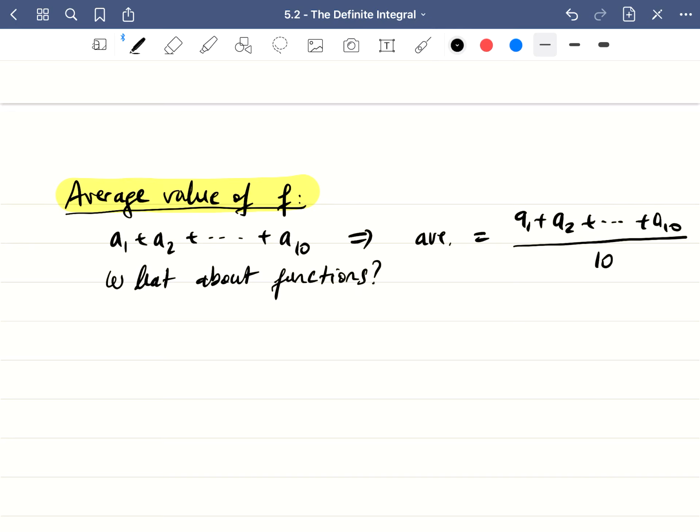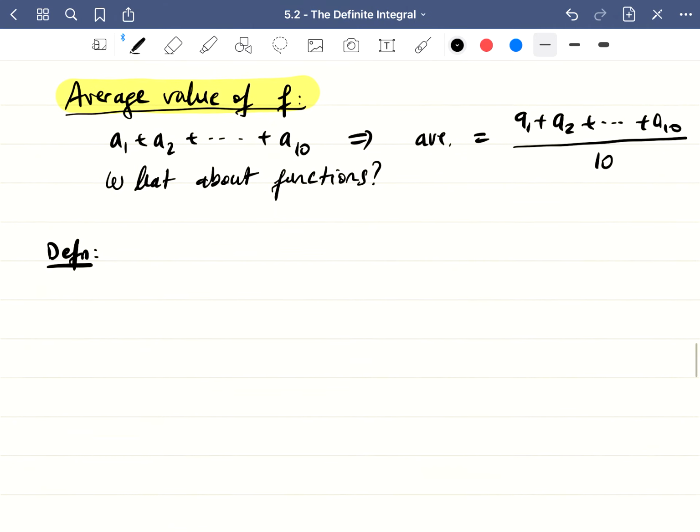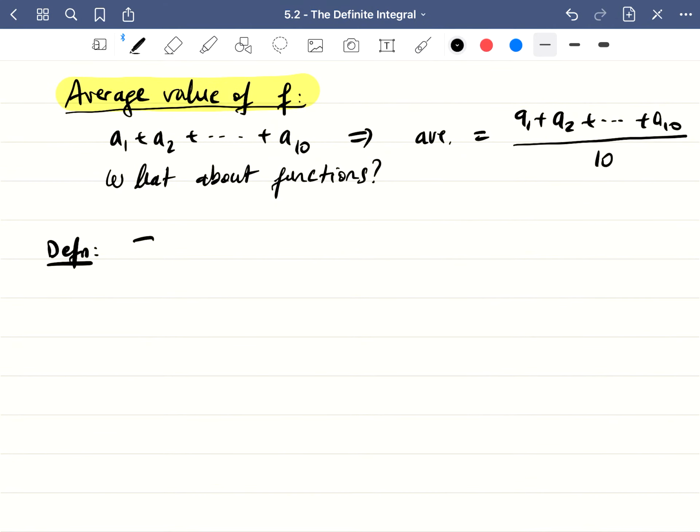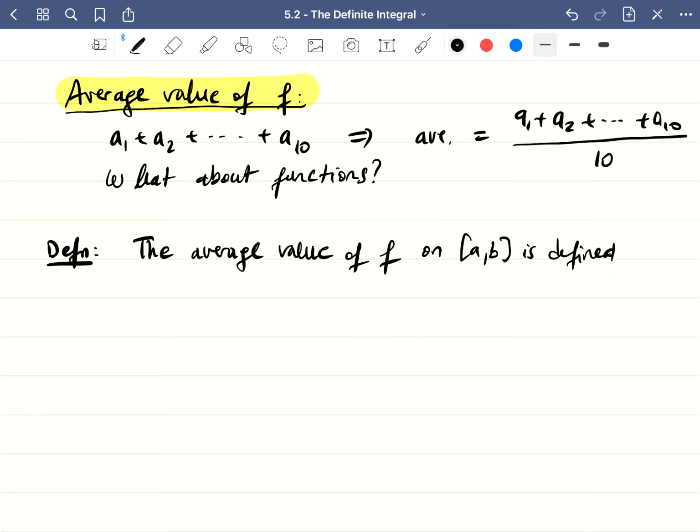All right, now here's the definition. Of course, we're not surprised if we use integrals, right? So the average value of f on the interval [a, b] is defined by the following.